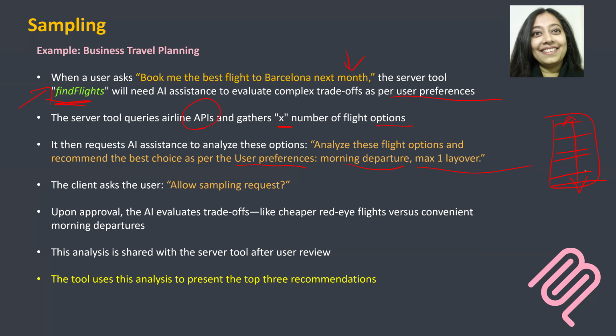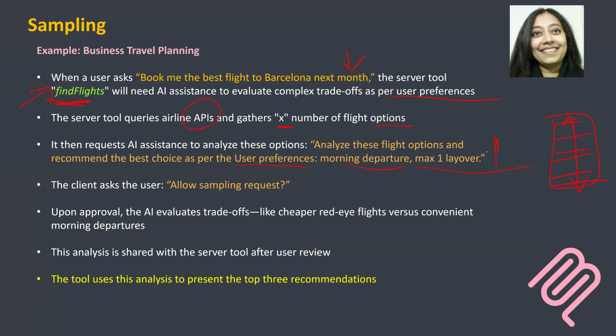So essentially what happens is the server will go back to the client and say, can you analyze these flights and let me know the best or the recommended choice as per the user preferences? Now, this is a sampling request because now the server is asking the client to perform and complete a task on its behalf, and this task is AI dependent.